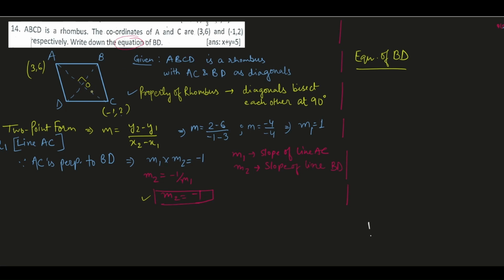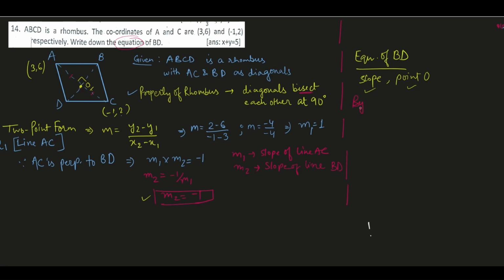Are you all able to see here? See, this is the center point. This is O. So, in order to find the equation of BD, we have number one slope and we need point O. Okay. A while ago, I said that the diagonals bisect each other. Bisect means that AO is equal to OC, which means that O is the midpoint here, right?